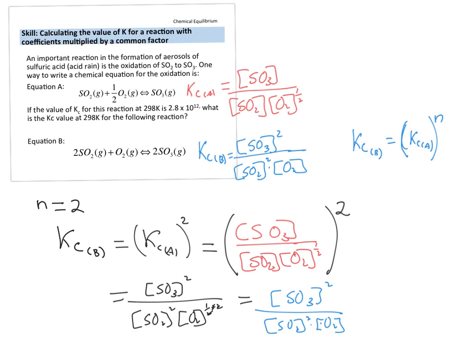And just like that, without the need of doing any experimentation, we can have a calculated value for the Kc of equation B, based on the statement, equal to 7.8 times 10 to the 24.